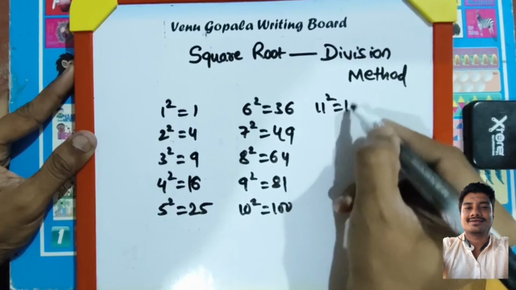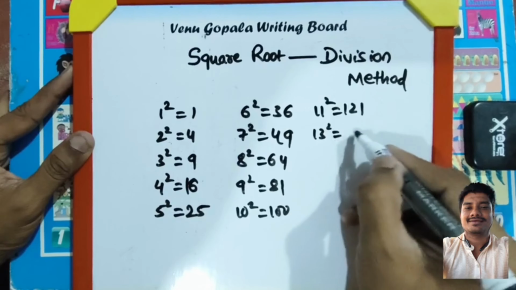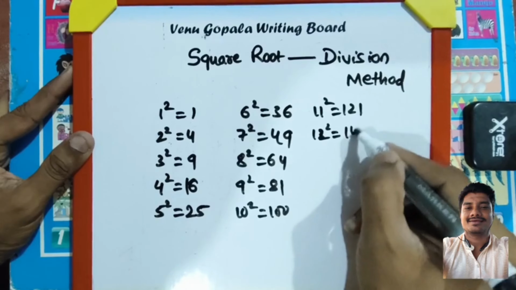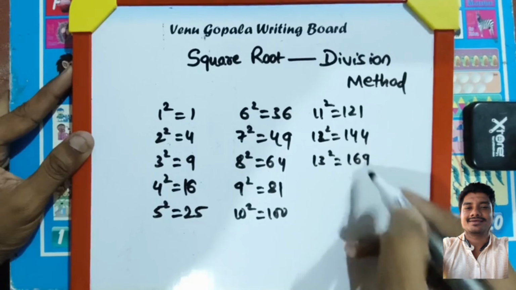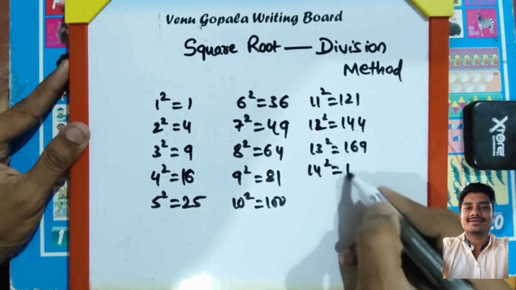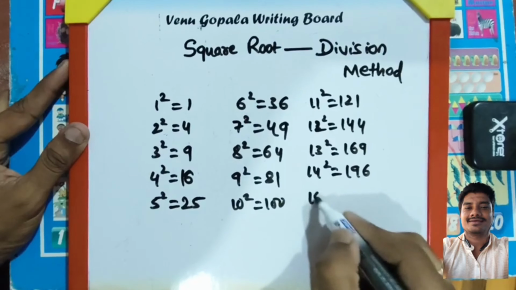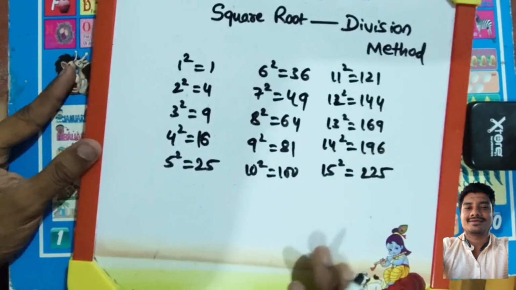Similarly, 11 square is 121, 12 square is 144, 13 square is 169, 14 square is 196, and 15 square is 225.